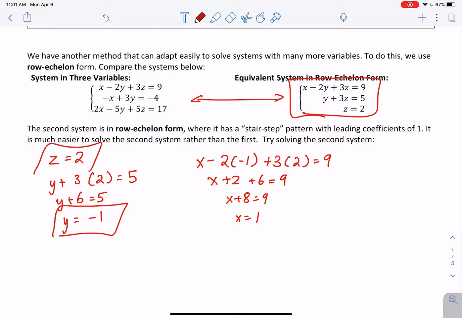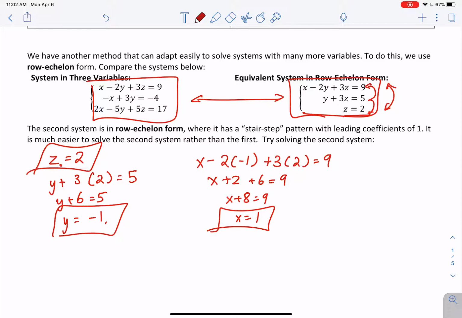I get this solution pretty quickly if my system is written in this form. From the other form, I'd have to do a lot of work to even get to z equals 2, y equals -1, and x equals 1. In this form, I can just start at the bottom step and move up towards the top to get the rest of the variables. That's what we want to get to.